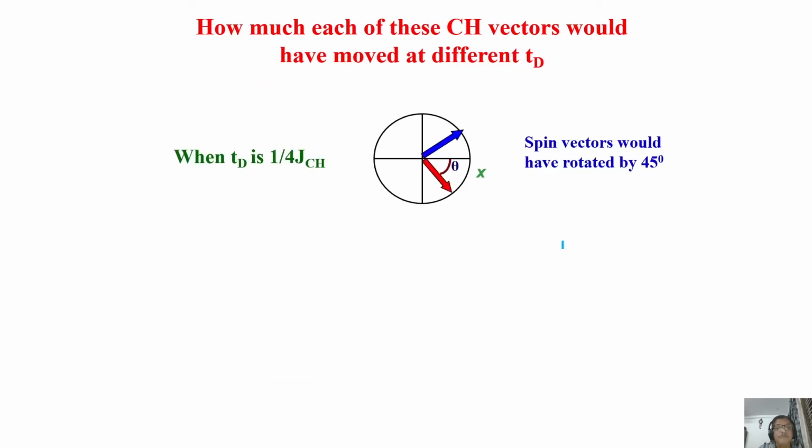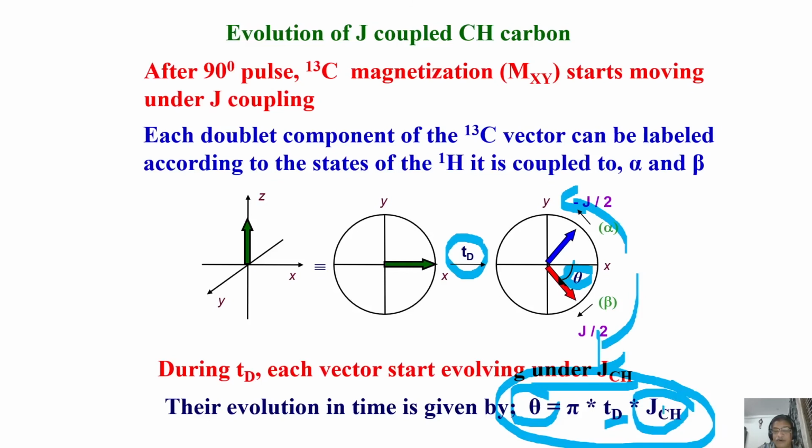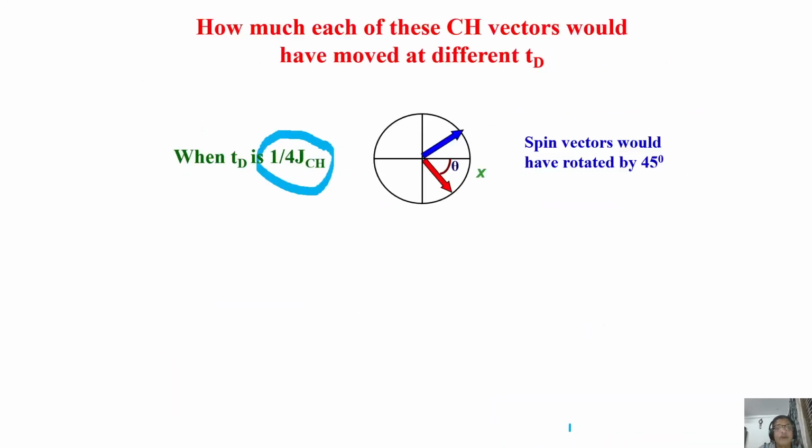Now let us consider a situation when the time delay is exactly equal to 1 over 4J. Fit it to this equation. TD is equal to 1 over 4J. J will cancel out, and it will become pi by 4. Then what will happen?